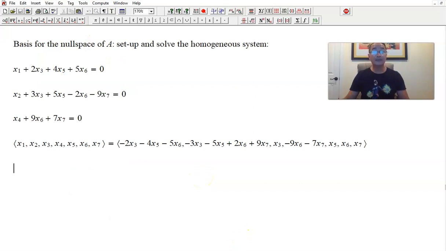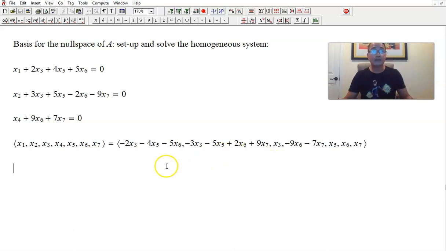So now to find a basis for the null space, we have to separate the solution vector into several individual vectors. How many? One for each free variable. So remember, the theorem said that the number of vectors that we will get for the basis, in other words, the dimension, is the number of free variables.